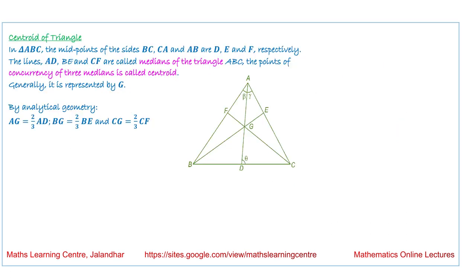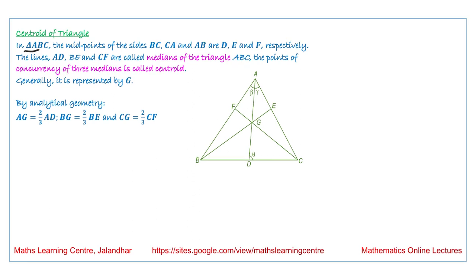Now the next topic is the centroid of a triangle. In a triangle ABC, the midpoints of the sides BC, CA and AB are D, E and F. This is the triangle ABC, and D, E and F are the midpoints of these sides.